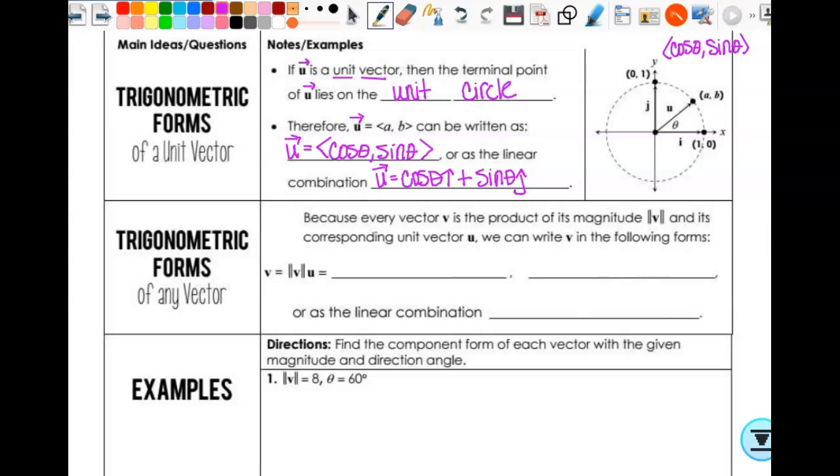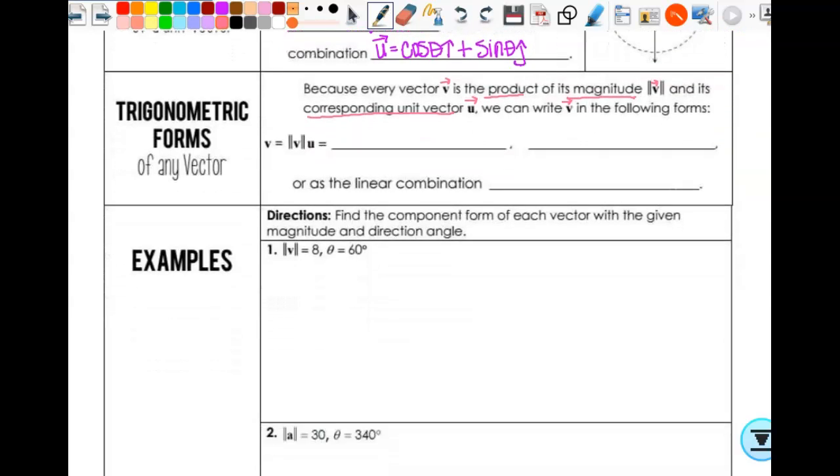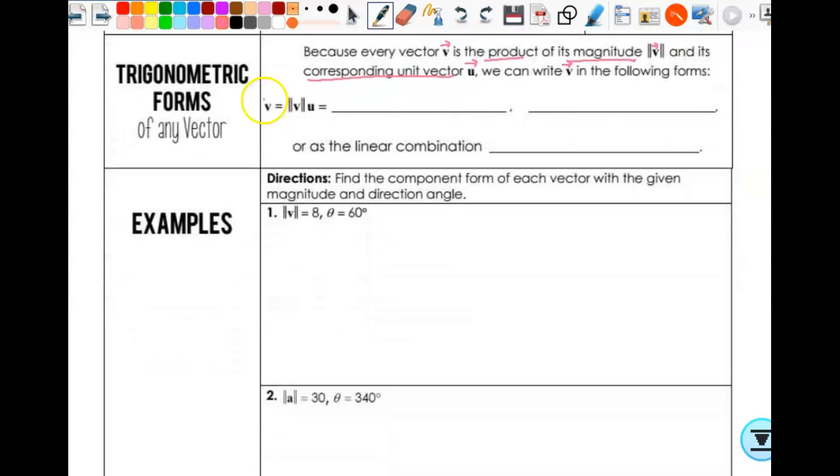All right, so now to look at trigonometric forms of any vector, not just a unit vector, it says because every vector v is the product of its magnitude and its corresponding unit vector, u, we can write v in the following forms. So if I have vector v is equal to the magnitude times the unit vector, that means it's the magnitude of v times, we just defined the unit vector as cosine theta, sine theta.